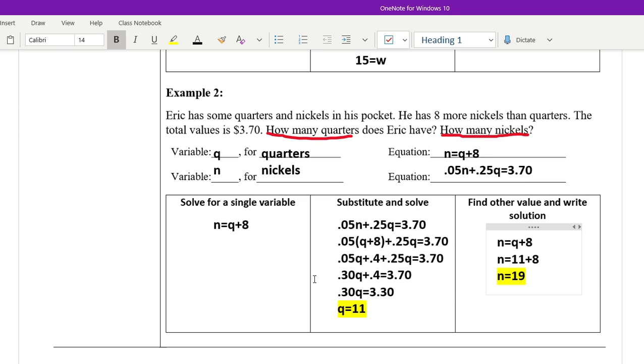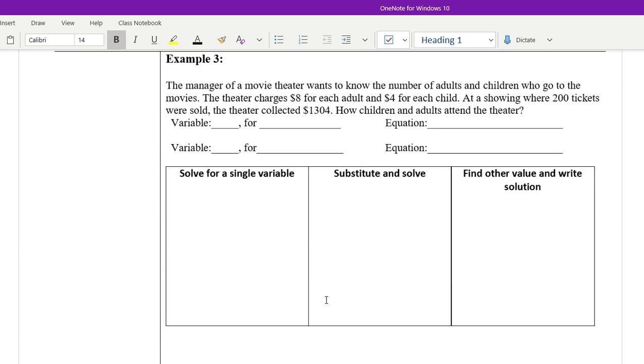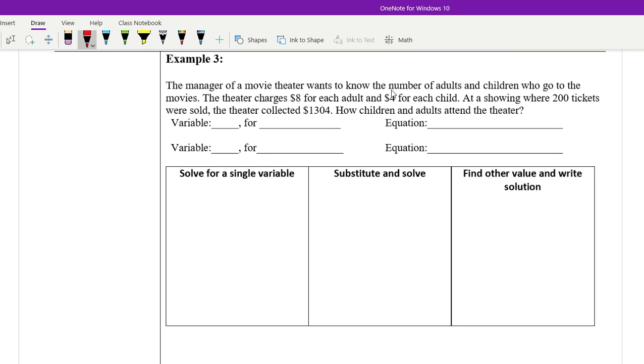To finish this off, our last example before we finish this whole video. The manager of a movie theater wants to know the number of adults. So it's already telling us what he wants to know.